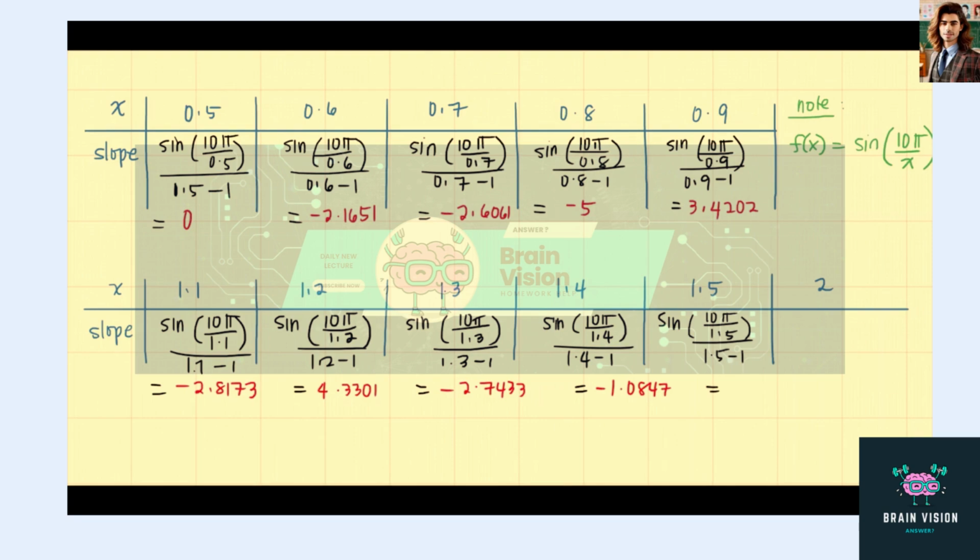This is just 1.7321. And lastly, if it's 2, we have sine of 10 pi over 2 minus 1, and the slope is equal to 0.